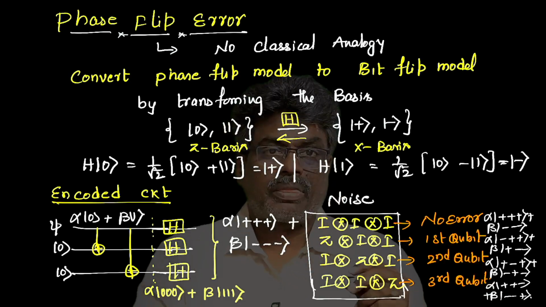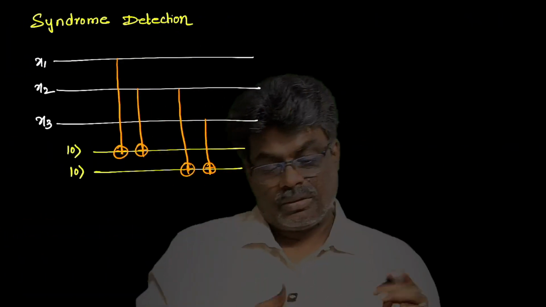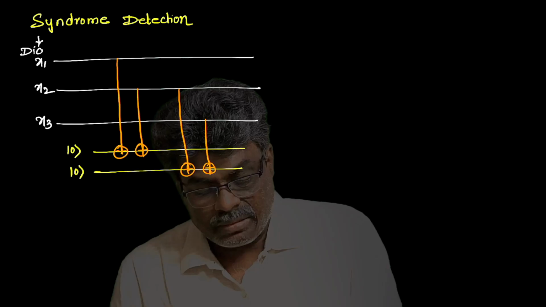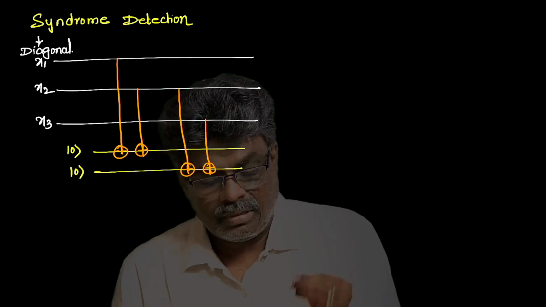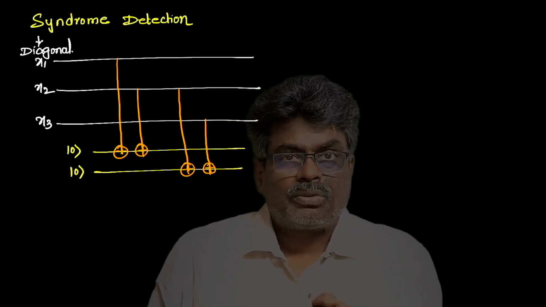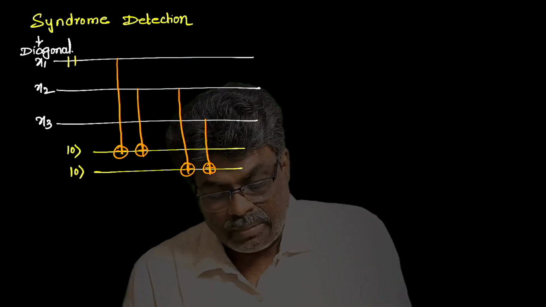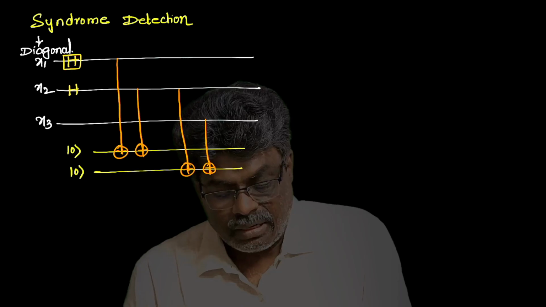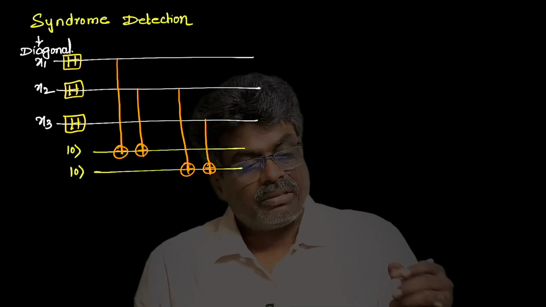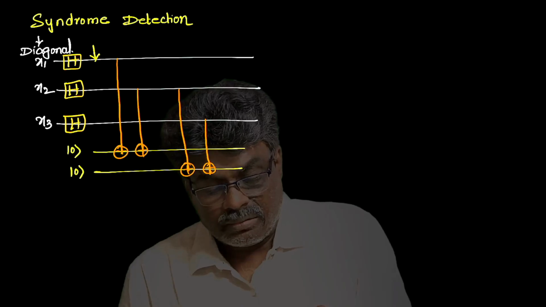So what I want to say is we are in the diagonal basis, but if the circuit is the bit flip model, we need the Z basis. So for that I'm going to add one Hadamard gate here, and for x2 also, and for x3 also. Then we get the Z basis.